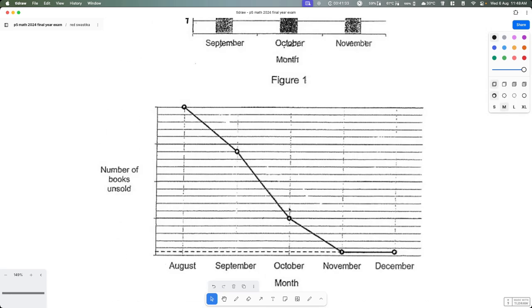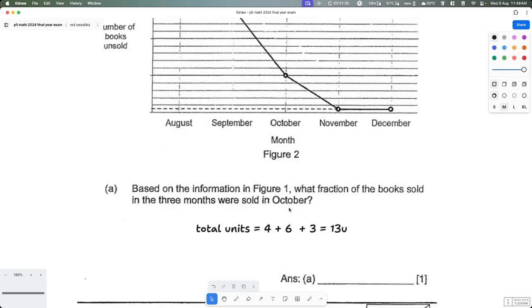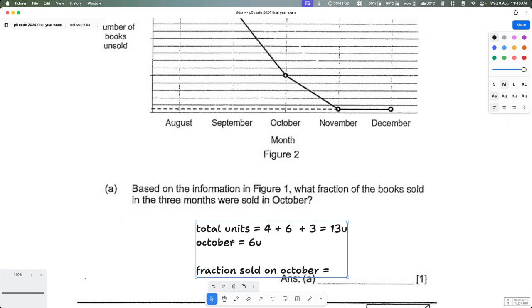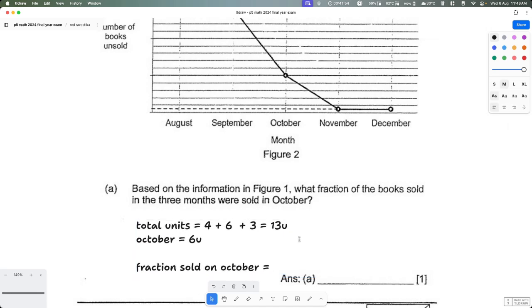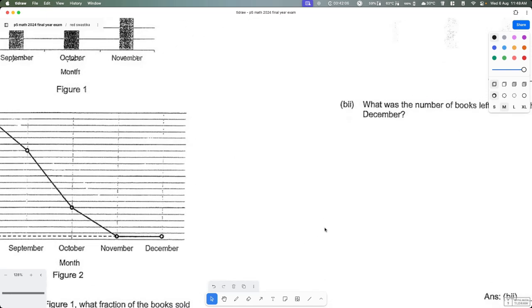Then October is 6 units. So the fraction sold in October is 6 out of 13. All right, so that's about it. The answer is 6 out of 13. Let's move on to the next question.